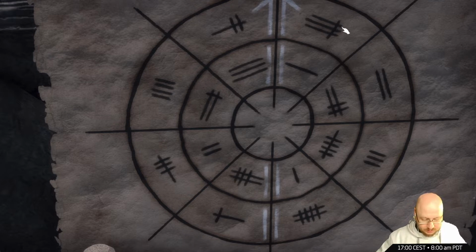Okay, so now I have a straight one side up thing.